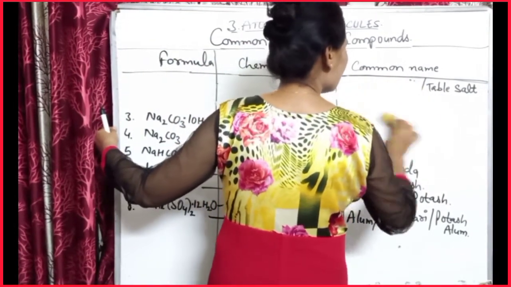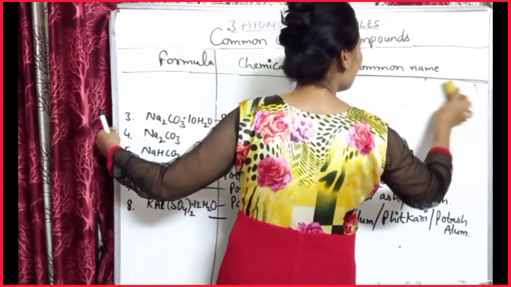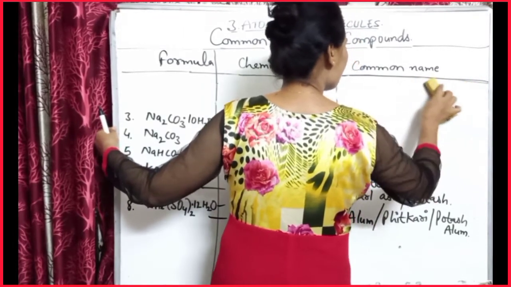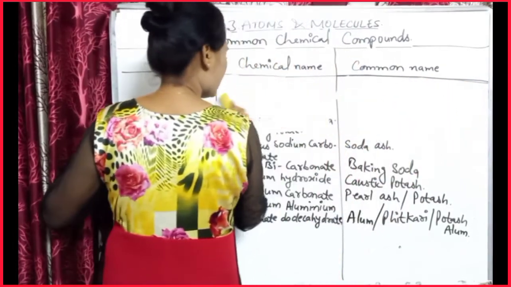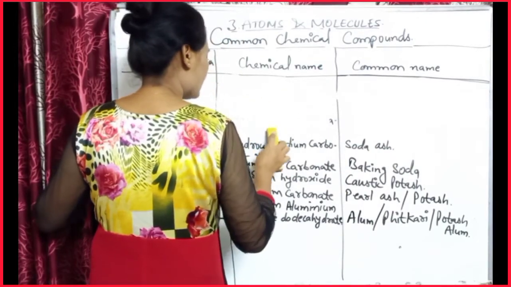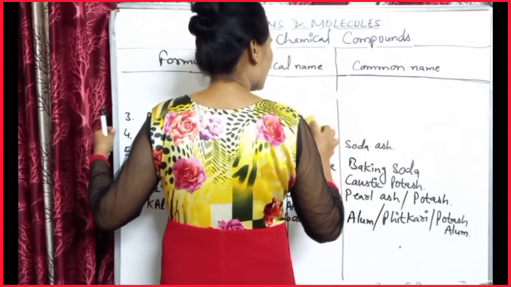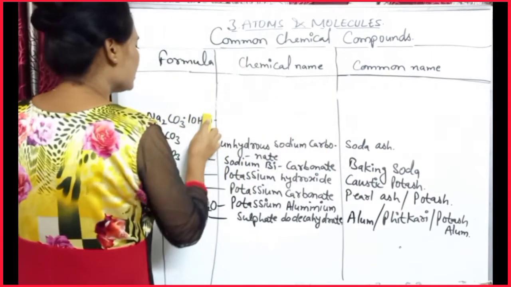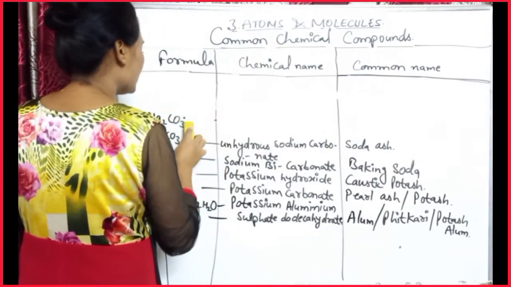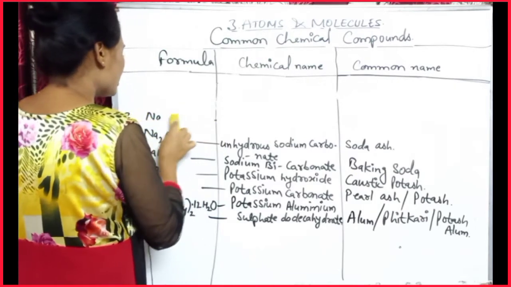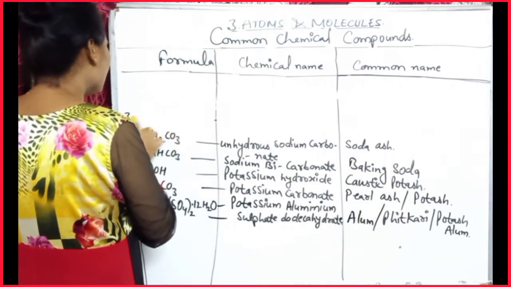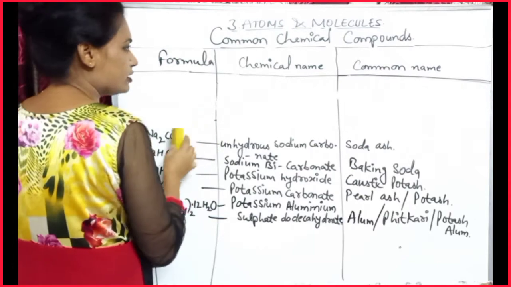Now we can take another compound that belongs to calcium. Sodium we have done, potassium compounds we have done. Now we can take calcium. Do you know question 5 contains: write the name of the elements which are present in the following compound.